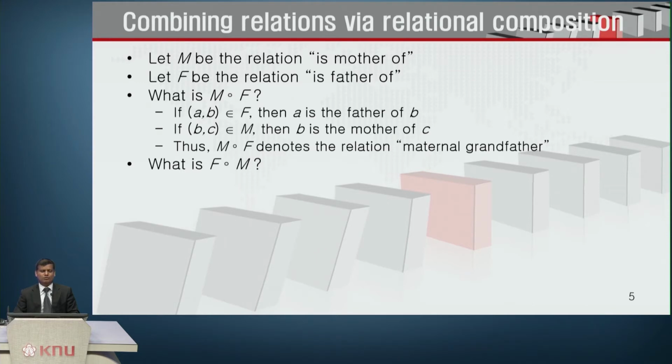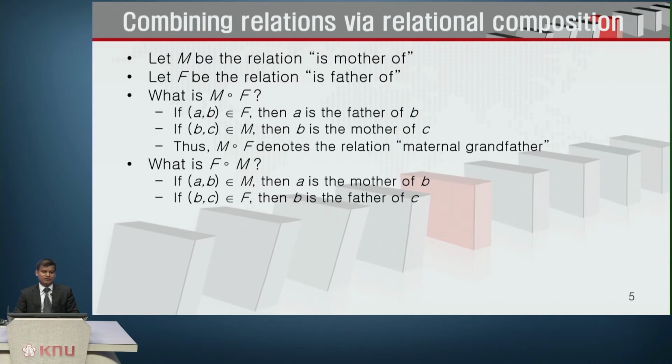What is F composition of M? If (a, b) is an element of M, then a is the mother of b, and if (b, c) is an element of F, then b is the father of c. Again, recall what M and F are: M is the relation "is mother of", and F is the relation "is father of".